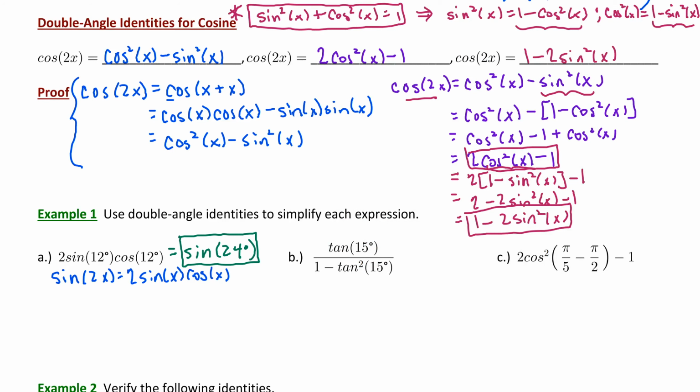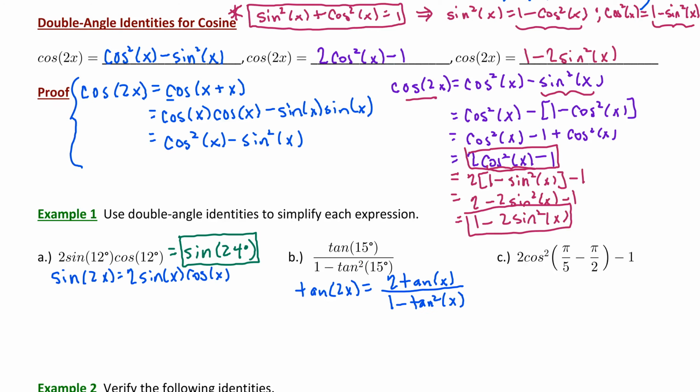Notice the pattern of example B. We have tangent of 15 degrees over 1 minus tangent squared of 15 degrees. Hopefully this reminds you of our new double angle identity for tangent, which is tangent of 2x equals 2 tangent of x divided by 1 minus tangent squared of x.